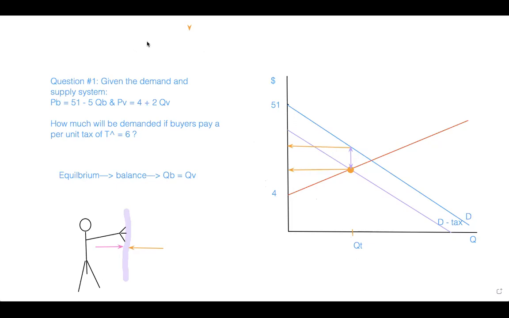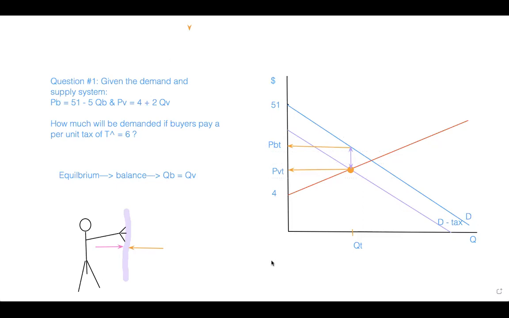And then we're going to end up with an after-tax price that the buyer is going to pay, and I'll call that PBT. And there's going to be an after-tax price which the seller is going to receive.